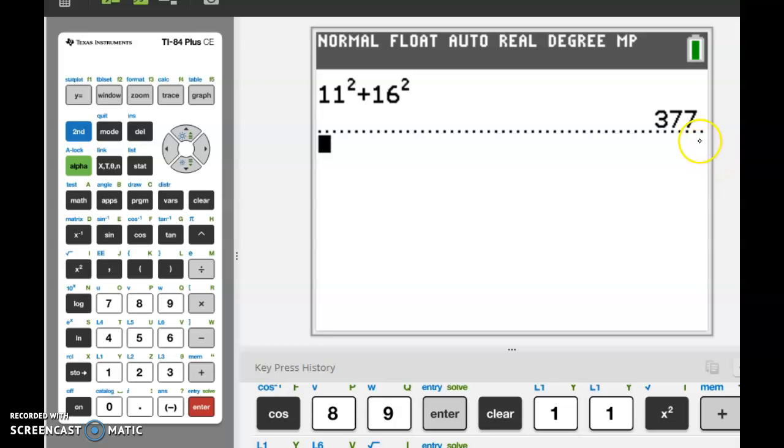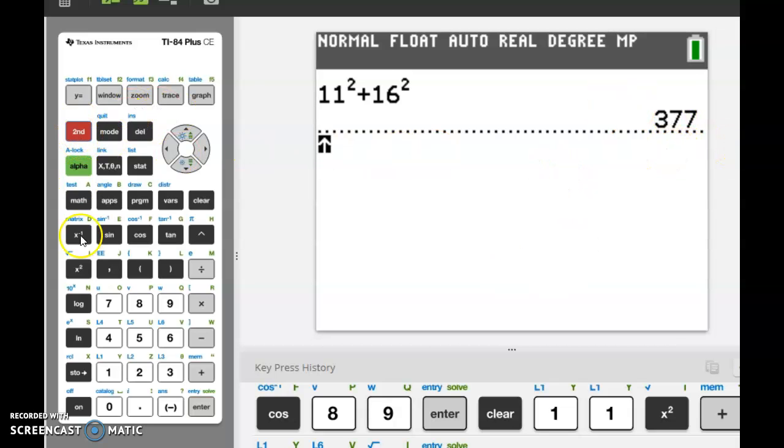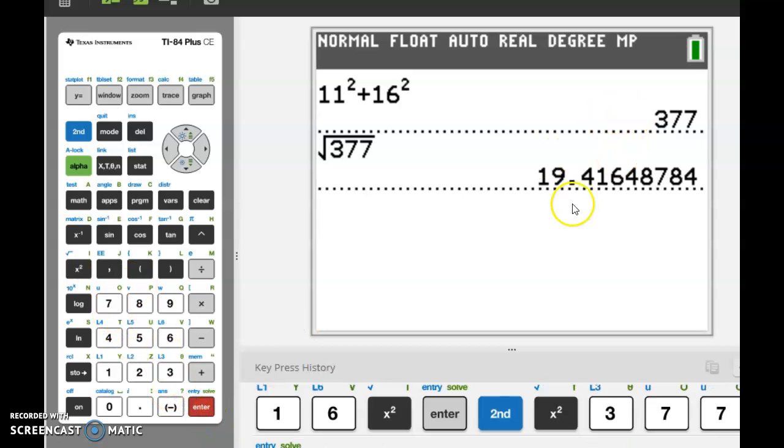Now, if you can simplify that, then by all means, go ahead, try to find factor pairs. Otherwise, if there's no simplest radical form, go ahead and just square root it, and again, 3 decimals, so 19.416.